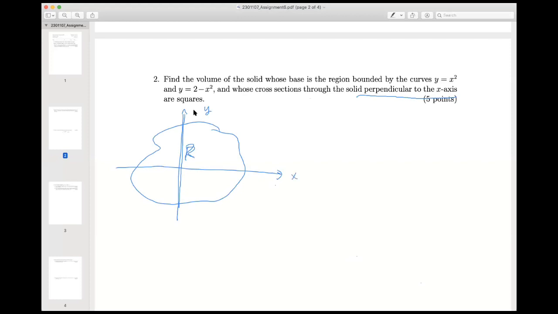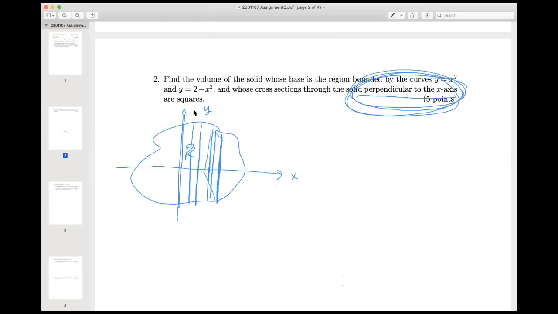What does it mean to cut perpendicular to the axis? The x-axis is here, but the question says cut perpendicular to the x-axis. That means every time you cut, well, in my example I said parallel to the y-axis, the same thing, perpendicular to the axis, you get a square.